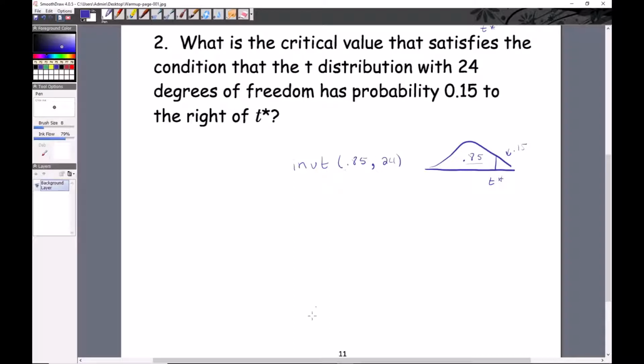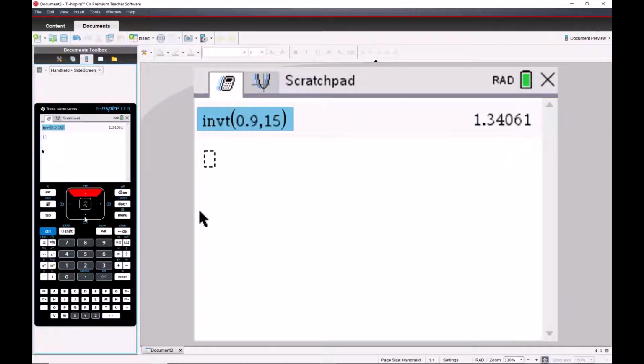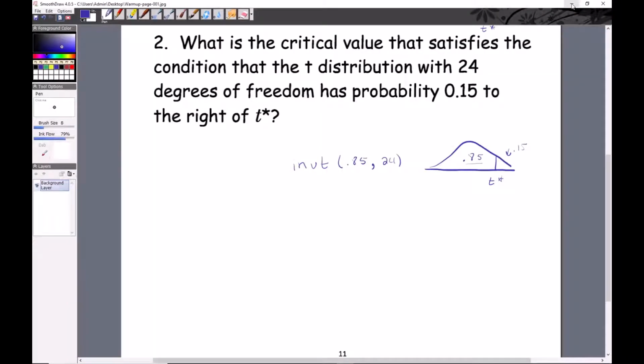In the calculator, we can probably just go up and paste from here. It might save a few keystrokes. So 0.85, comma's down below pi, and 24, and we get 1.059. That's it.